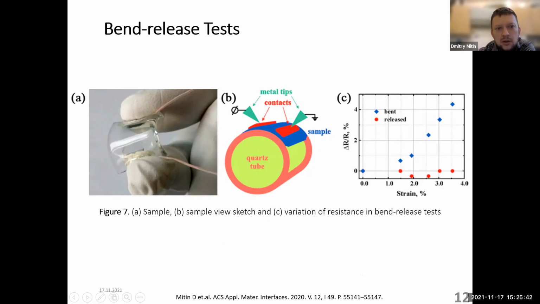We put this flexible electrode on quartz tubes with different diameters, so we changed the strain and saw how the relative resistance changes, and we can see that the relative resistance does not exceed 4%. That is a very good result for flexible patterned electrodes, comparable with the best published results.